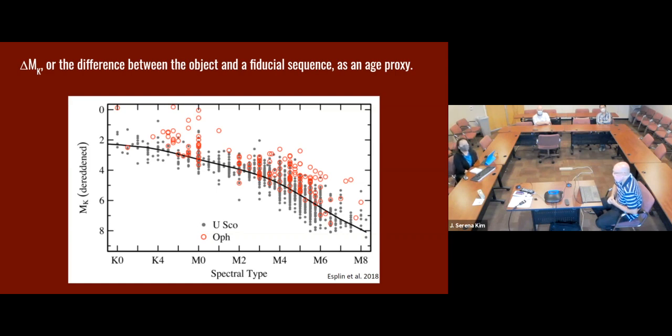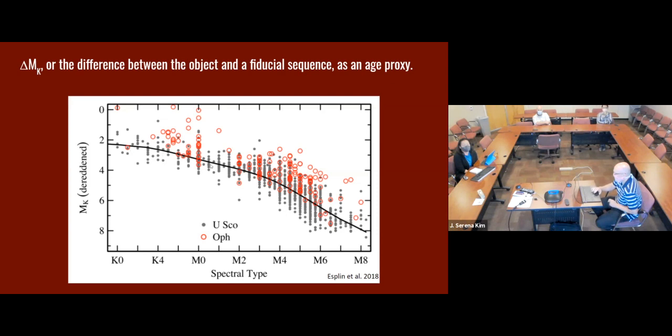So what we have here are the members of the Upper Sco stellar association, which is at a 10 mega year age. You measure their absolute K, de-reddened of course to minimize the effects from extinction. They're the gray points, and this black line is just the median of that distribution.